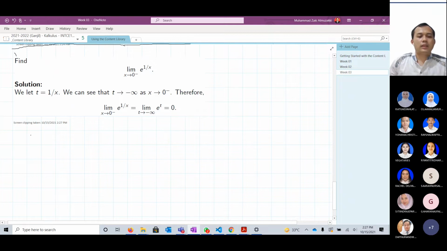What we want, okay. If x goes to 0 from the left, what will happen with 1 over x? What will it go to?